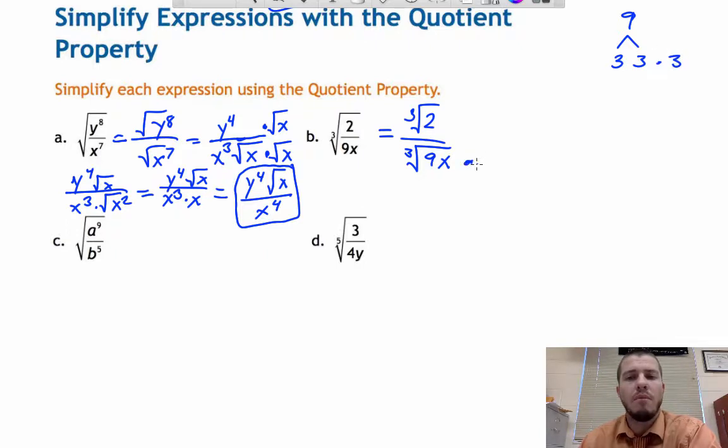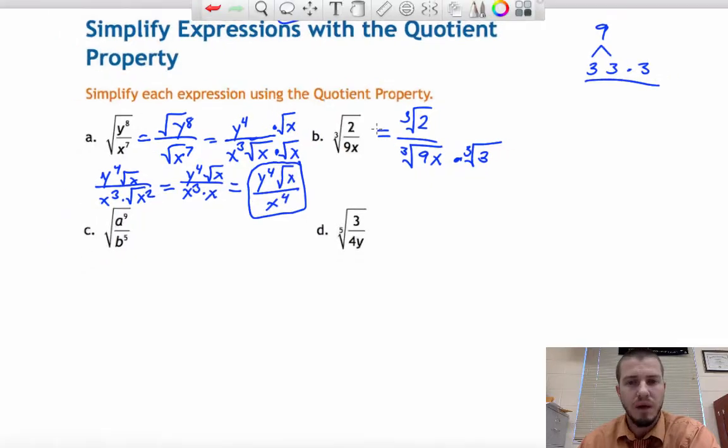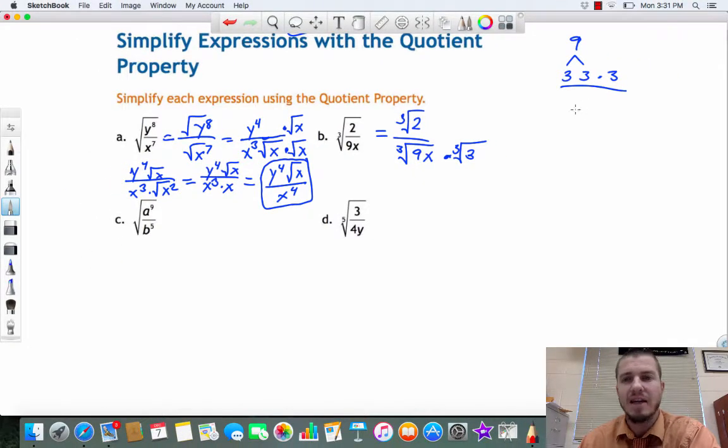So when I multiply, I'm going to multiply this with 1 more 3, and then that's going to make 3 3's, so it comes out to a perfect root. I also only have x to the 1st here. I need it to become the cube root of x to the 3rd.